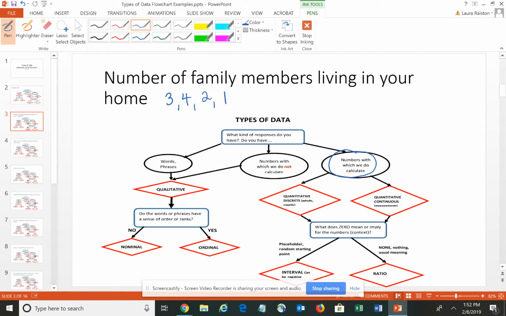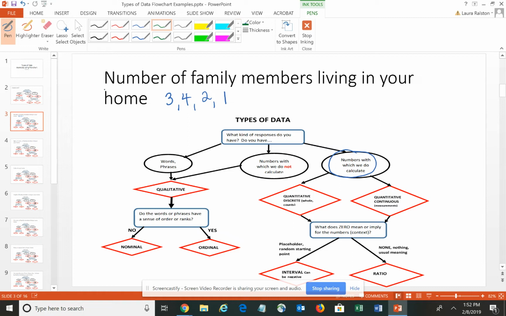So then I need to decide, is it going to be whole numbers, or is it a measurement where I could have part of a family member in this case? Well, despite the government's thought that you can have part of a person, you really can't. So 3, 4, 2, those are whole units or counts.